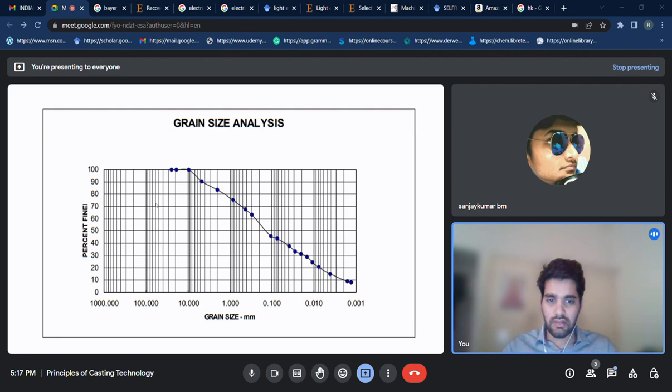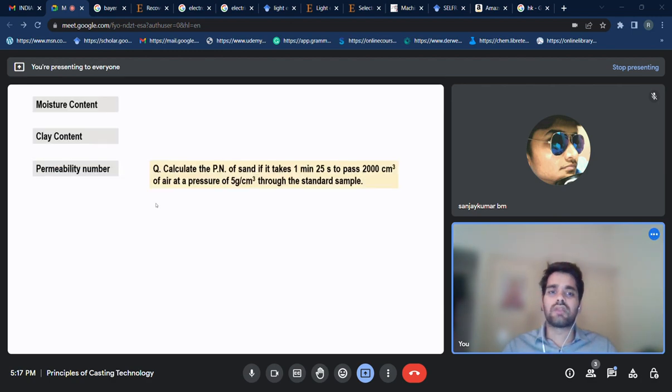And all of a sudden, any question may come in your competitive exams or the final exam. If you see what is grain size analysis or what is D50, D30, D60 or D10, many people are not aware.